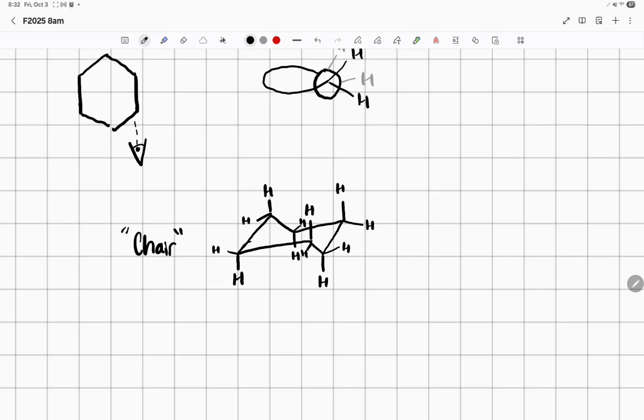So whenever we do that chair flip, when we go through our boat, any groups that were outwards are now upwards, or downwards, I guess, if it's that way. And then we can chair flip again and put all of those groups facing out.